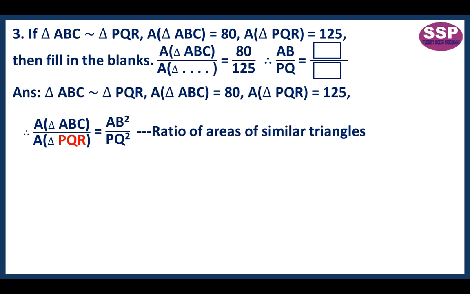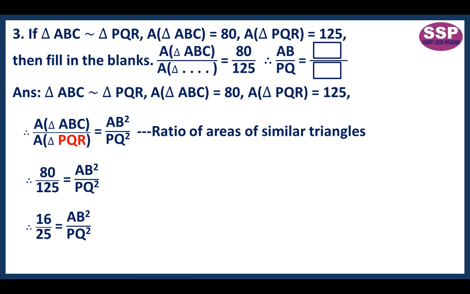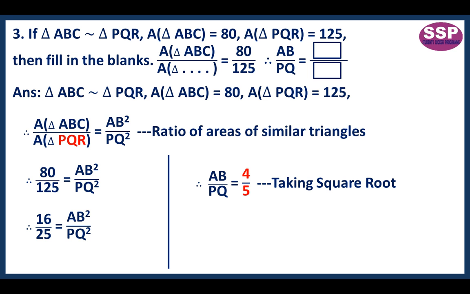Now keeping the values, we get 80 upon 125 is equal to AB square upon PQ square. Now simplifying this, we get 16 upon 25 is equal to AB square upon PQ square. Taking square root on both sides, we get AB upon PQ is equal to 4 upon 5.